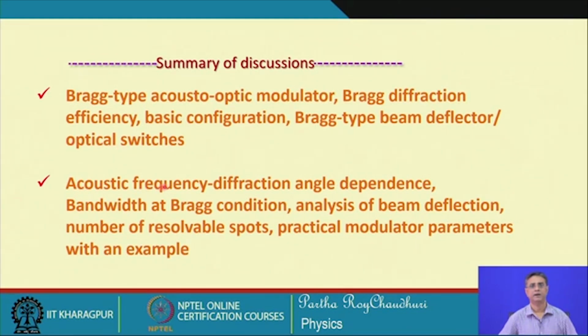We have analyzed the frequency dependence of the diffraction angle, bandwidth of the Bragg condition, and analysis of the beam deflection. We also took up one example with practical parameters, to see what numbers are attached to a practical modulator for this deflection type of application. Thank you.